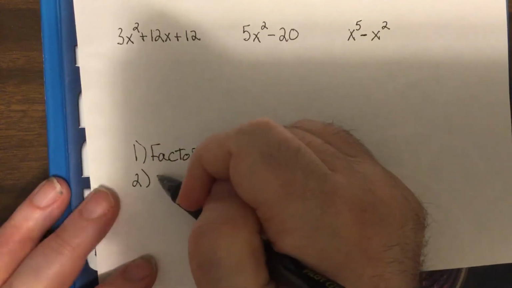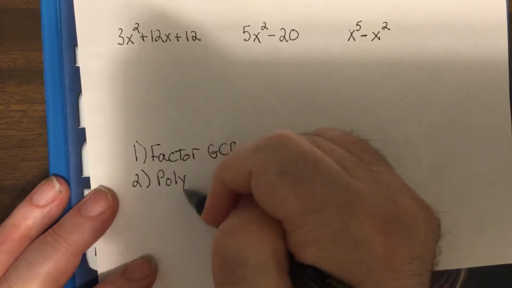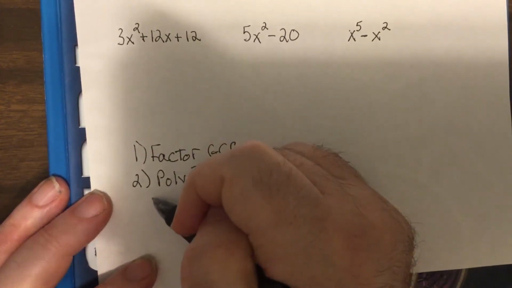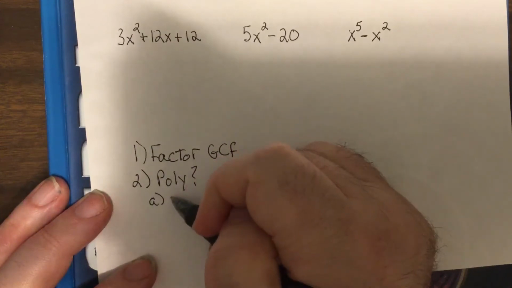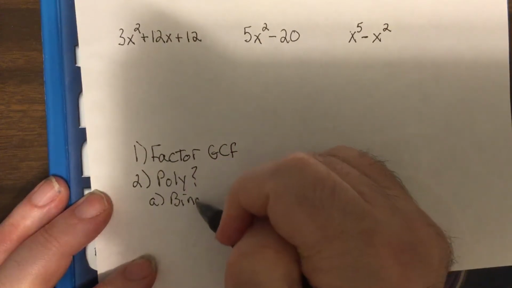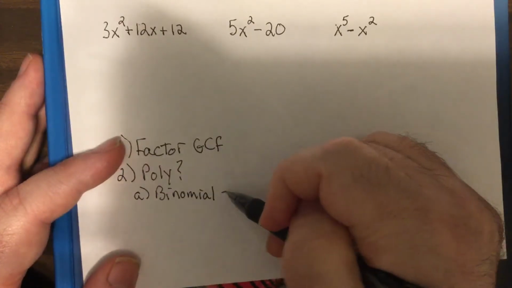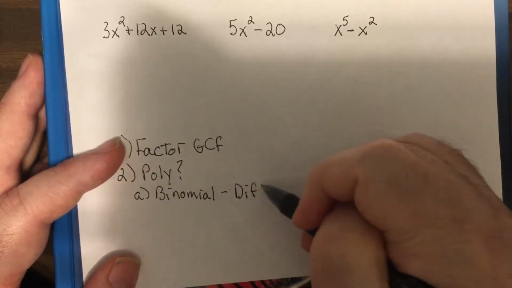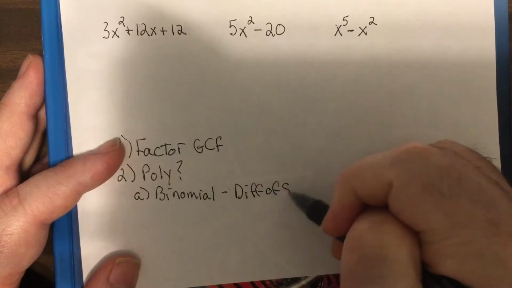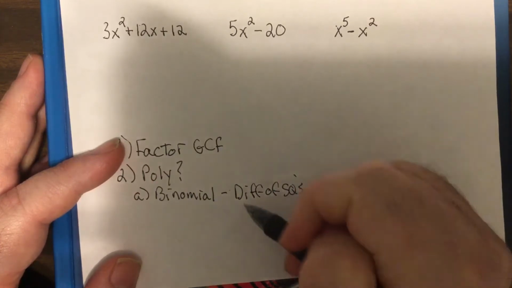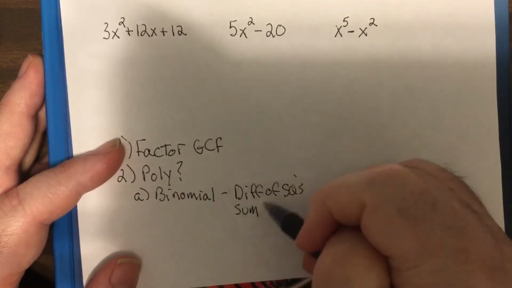Then you look to see what polynomial you're working with. If it's a binomial, then you're going to try to do difference of squares or the sum or difference of cubes.